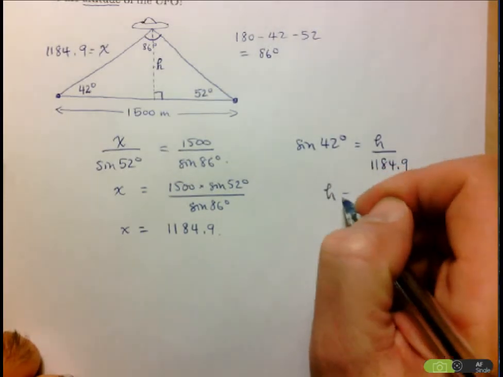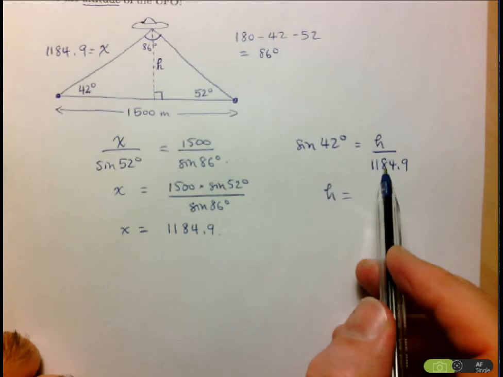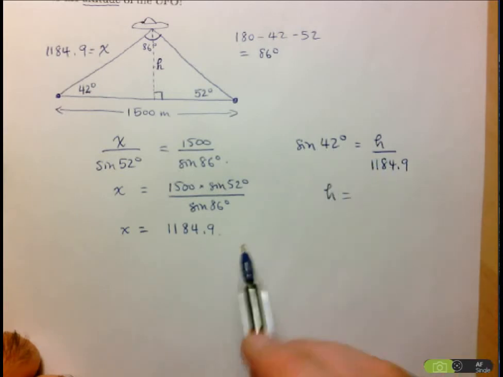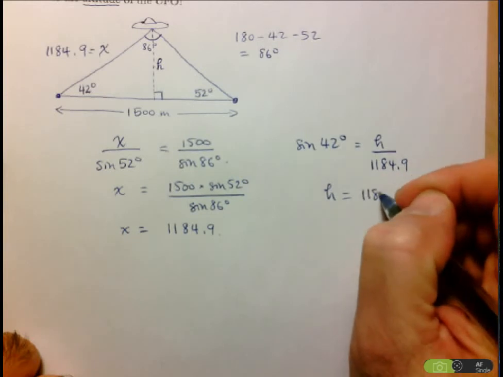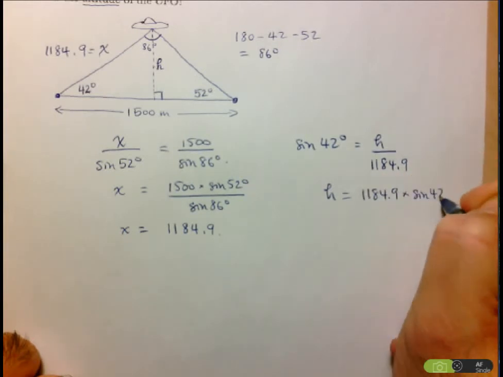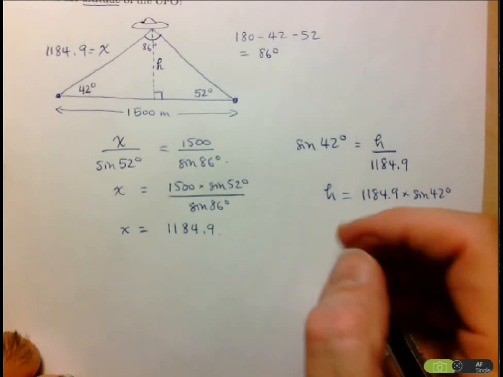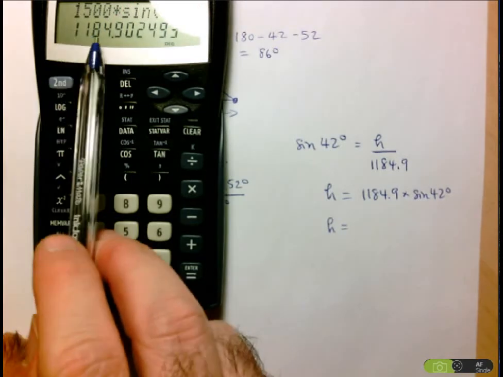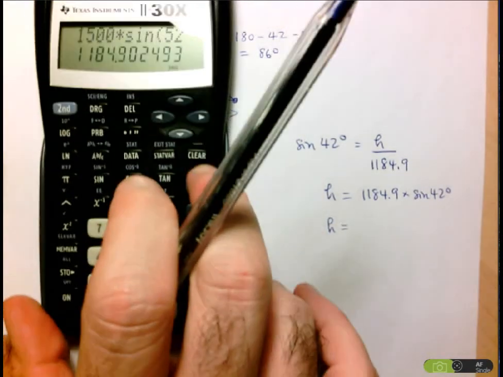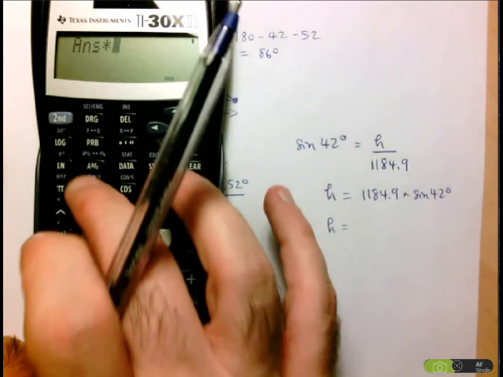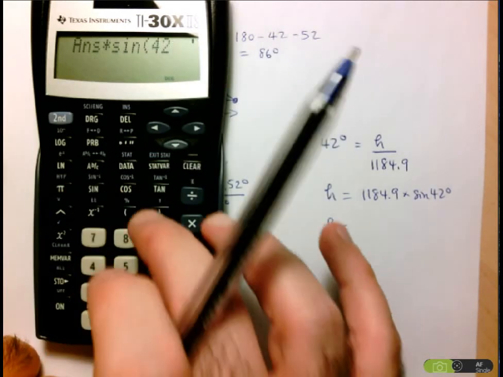Now I can easily solve for h. To isolate h, since 1184.9 is being divided, I have to multiply it to bring it to the other side. So 1184.9 times sine of 42 degrees. Let's calculate that. I already have the 1184.9 in my calculator, so I just have to multiply that by sine of 42 degrees.